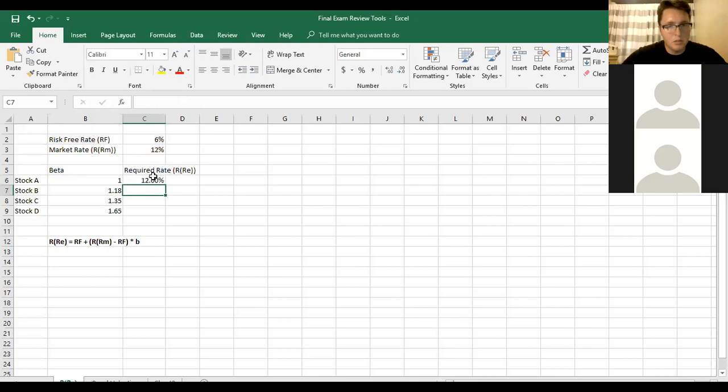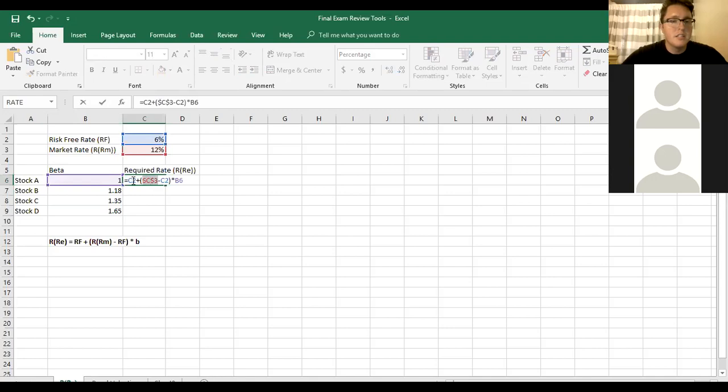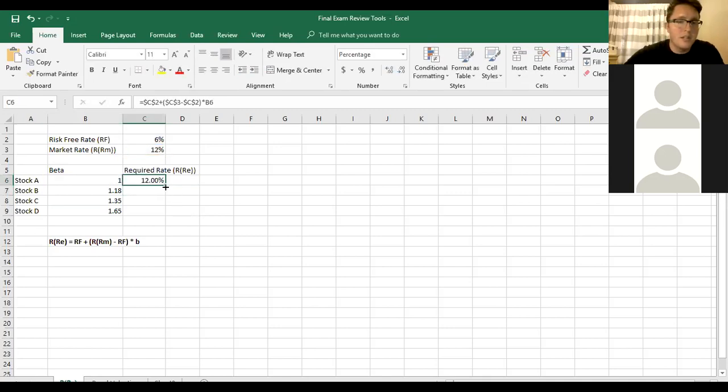So I want to make at least 12% for it to be worth it for me to invest in this stock option. Now, if you are using Excel, you can add dollar signs on these to fit that formula there. And then you can just click and drag it down for the rest. And on a PC, if you hit F4, it will automatically add dollar signs.